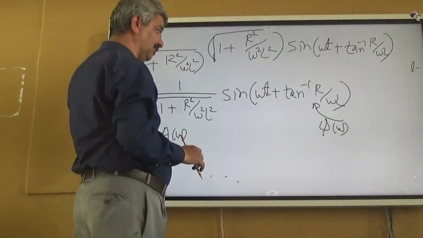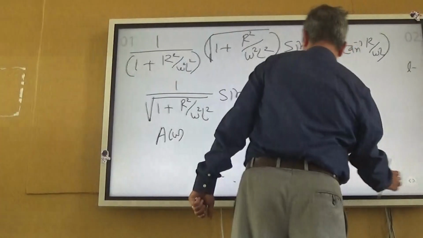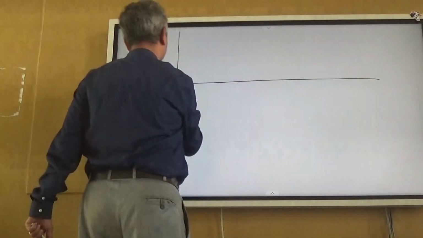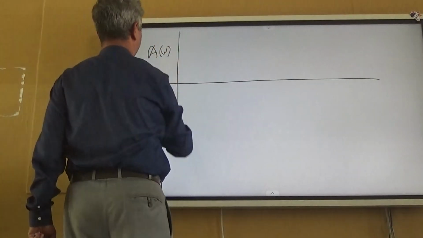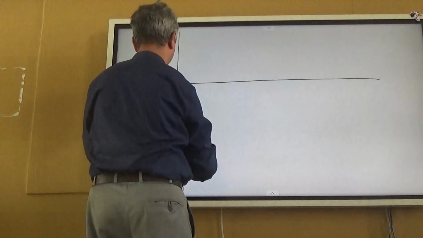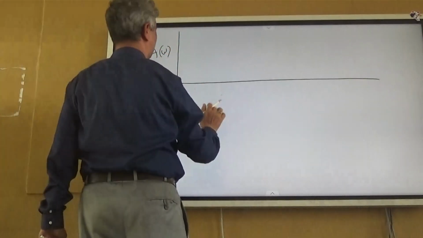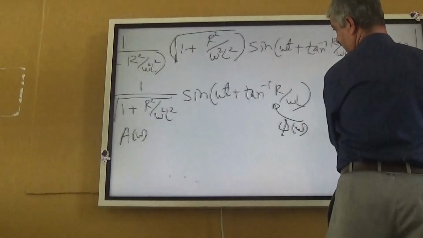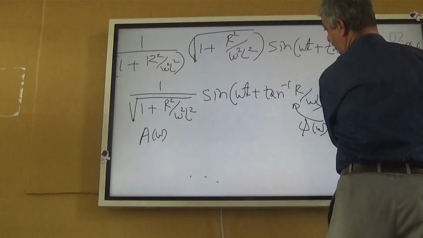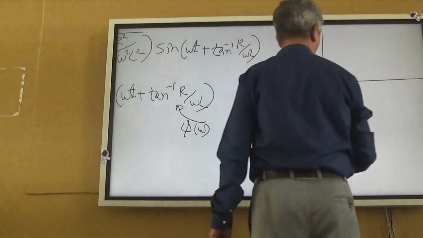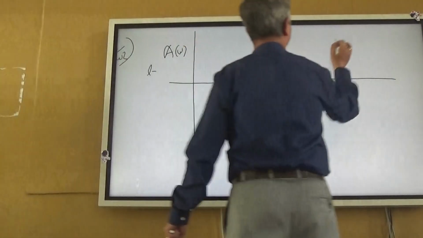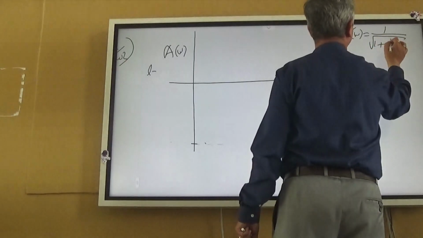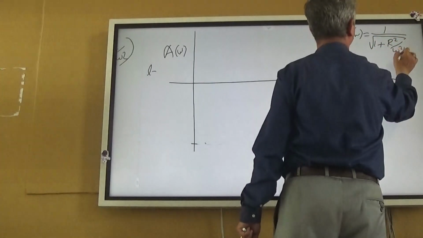So how do we plot A omega and phi omega? What is A omega? A omega is 1 upon under root 1 plus R square upon omega square L square.